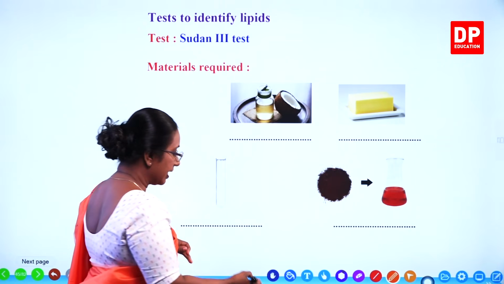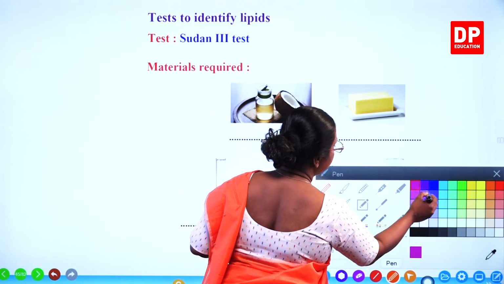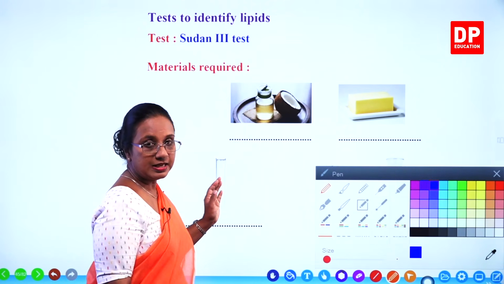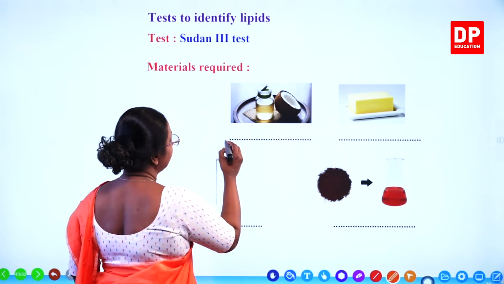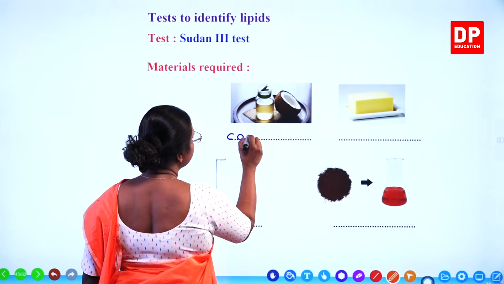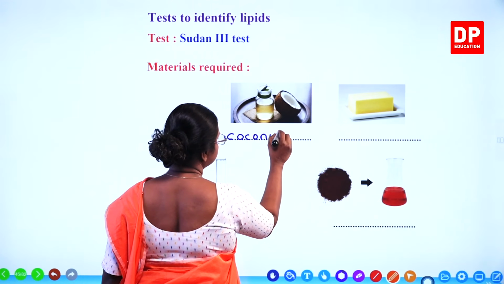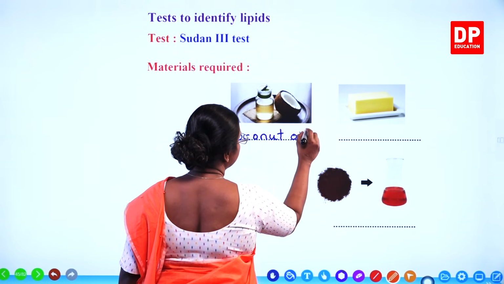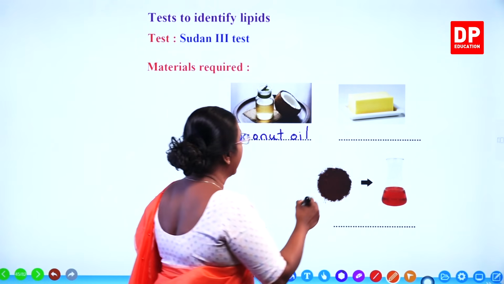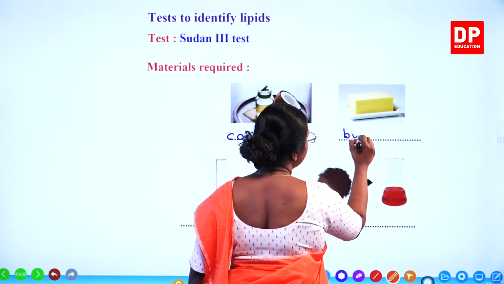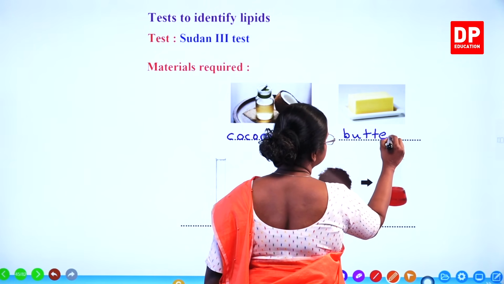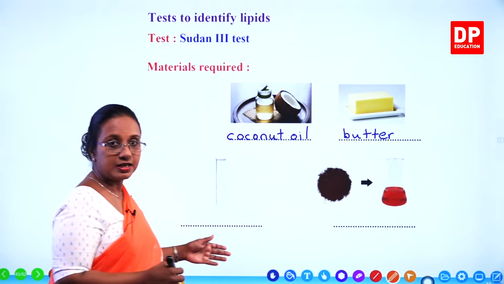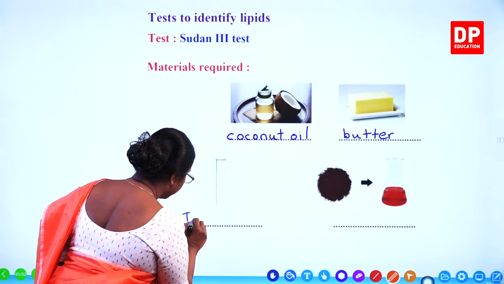For this test, we use different materials. One material that we will be using is coconut oil, for oil, and butter for fat. We need a test tube to carry out the test.